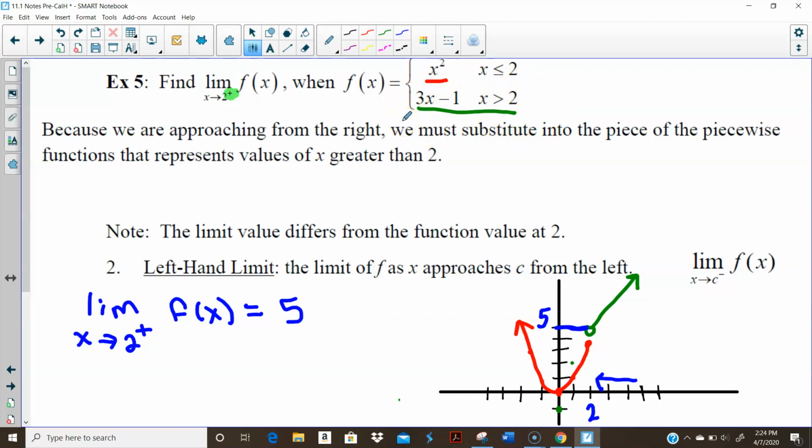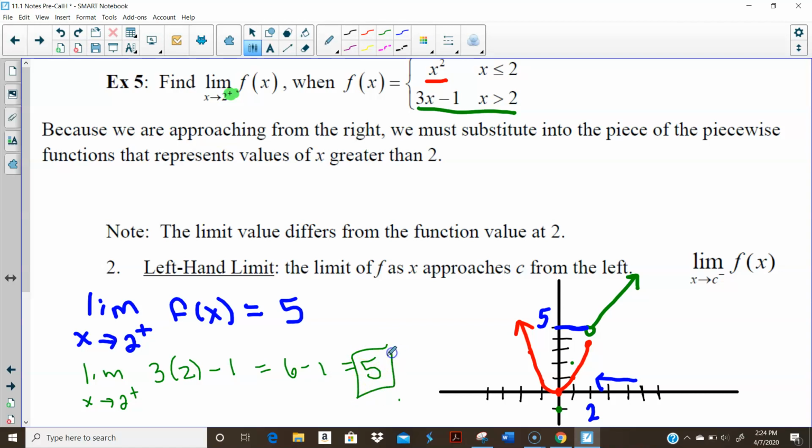The limit as x approaches 2 from the right of f of x is going to be 3, and in place of x, I'm going to put 2, subtract 1, and 6 minus 1 equals 5.